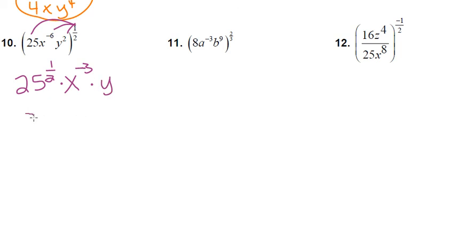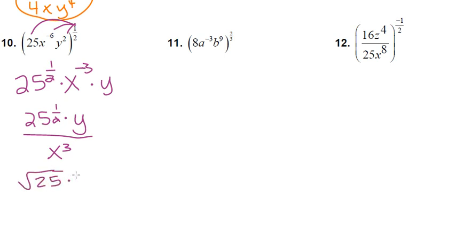So this is going to give me 25 to the power of 1/2 multiplied by y. Well, this x to the negative 3 is going to flip to the denominator in my fraction, so it's going to be x to the third power. Well, the last thing we need to do is recognize we can't have this fractional exponent here. So this is the square root of 25 multiplied by y over x to the third power.